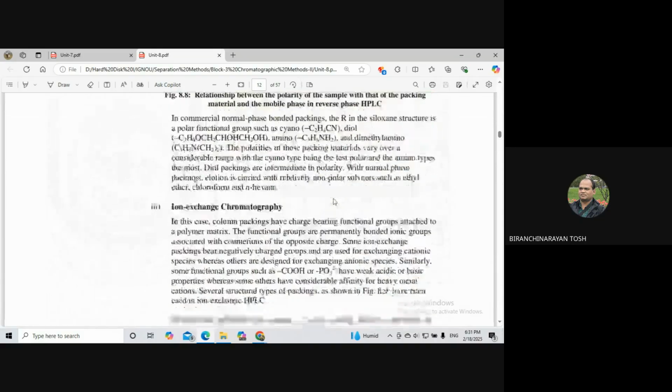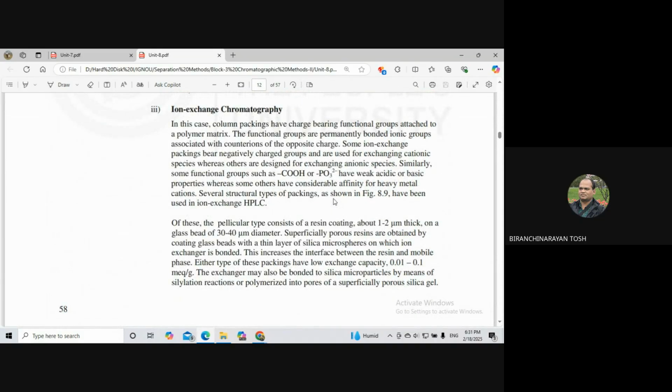Then the ion exchange chromatography. In this case, column packings have charge bearing functional groups attached to the polymeric matrix. The functional groups are permanently bonded ionic groups associated with counterions of the opposite charge.